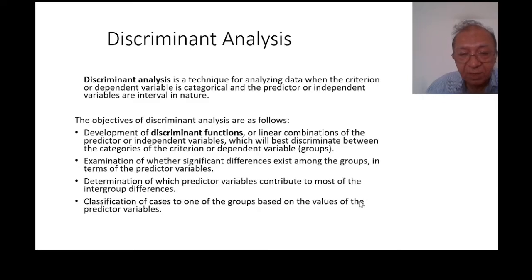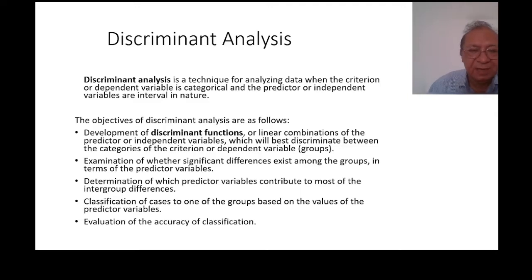Now here we can decide where the benchmark is, the level where we can break, that this event will happen and this event will not happen. It is not probability but the score. Evaluation of the accuracy of the classification: how much of the classification we are doing with discriminant analysis is correct.